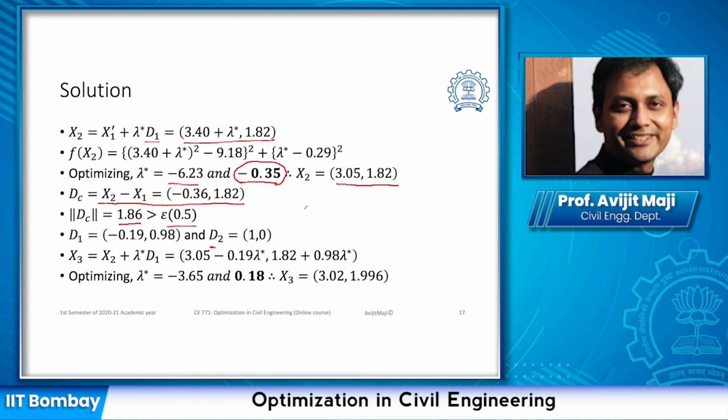Earlier D1 was (1, 0) and D2 was (0, 1). So this value is going to come to D2, which is being shown here, and D1 will take up the value of the normalized conjugate direction, which is dc divided by the scalar quantity of the conjugate direction. So this is that value which is shown here.